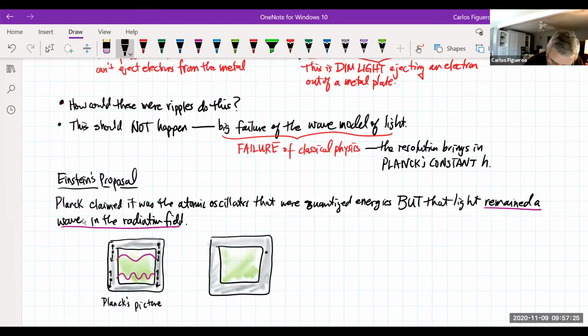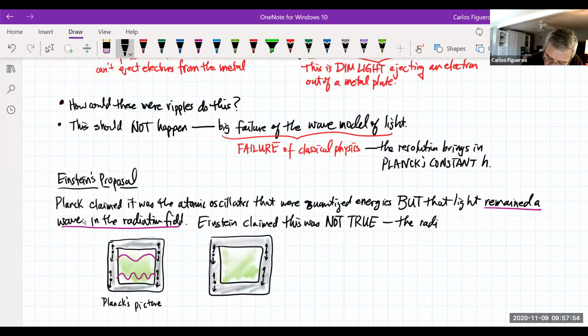When I have little oscillators going up and down in the walls of the oven, Einstein claimed this was not true. What he said is that the radiation field is itself quantized.